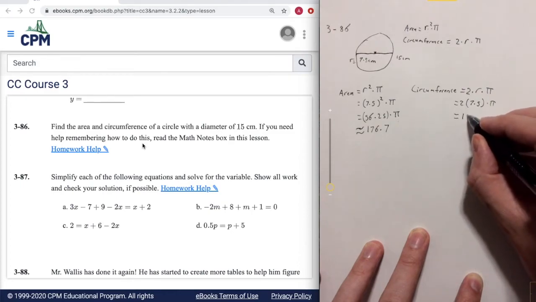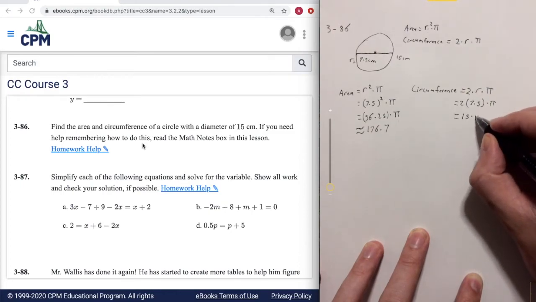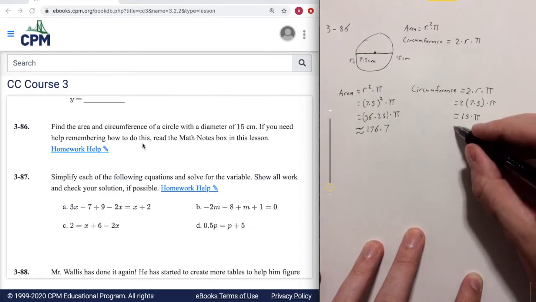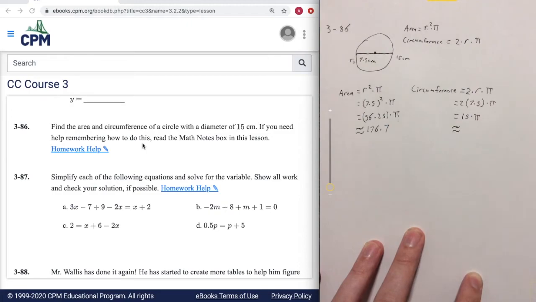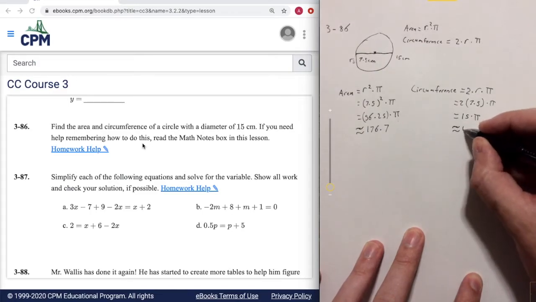It'll be 15 times pi. Once again, we're just approximating what pi equals, so depending on how accurate you get, you might get a slightly different answer. But pi times 15 is going to be about 47.1.